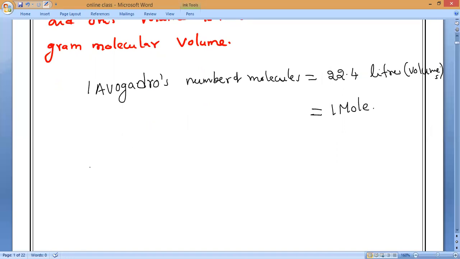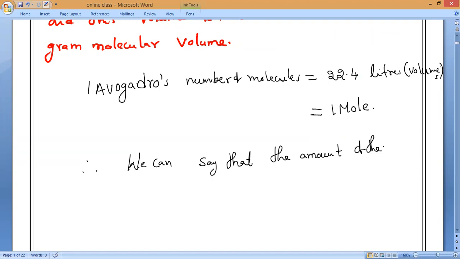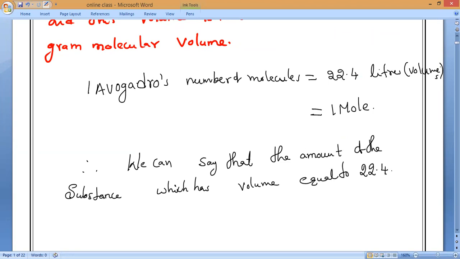We can say that the amount of the substance which has volume equal to 22.4 liters at STP.